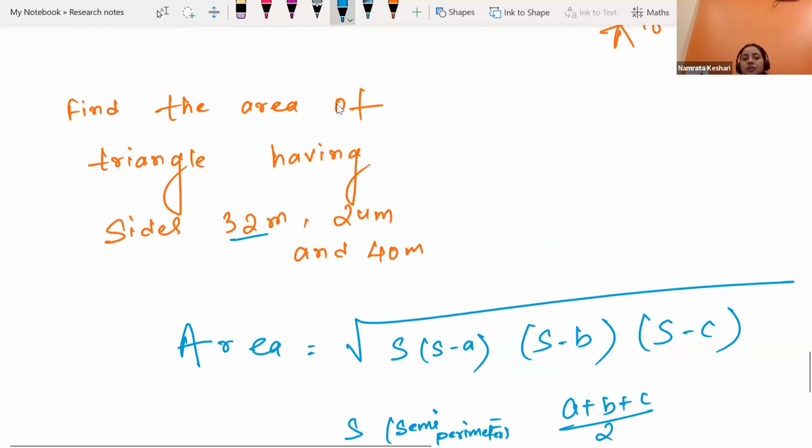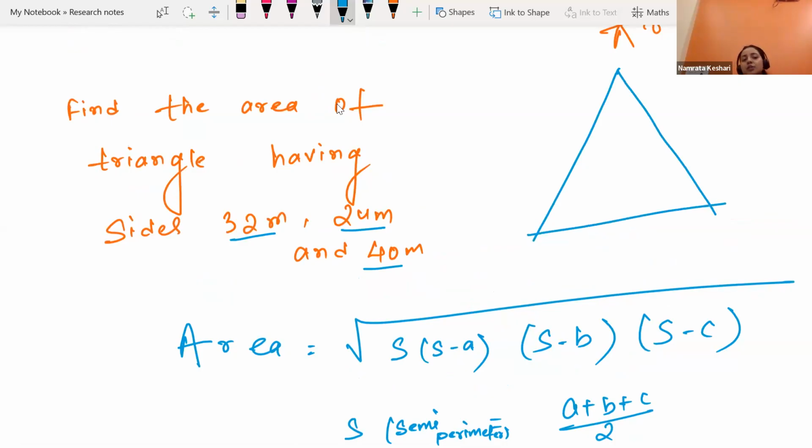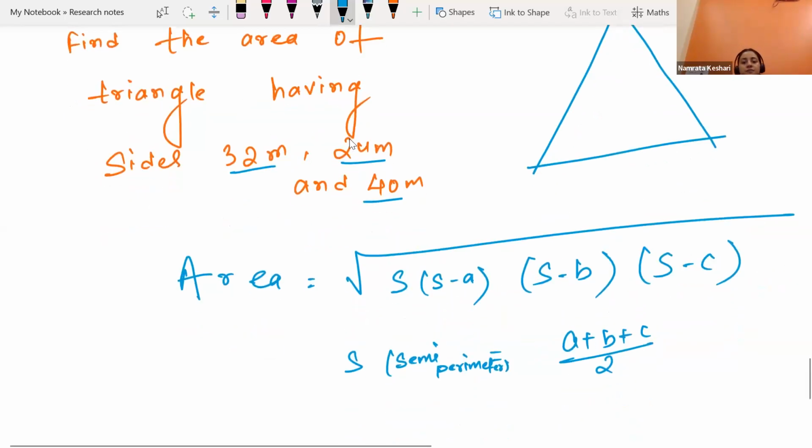Sides are given as 32 meter, 24 meter, 40 meter. Even if the figure is not given, no worries. We'll take any one side as A, another as B, another as C. Please start.